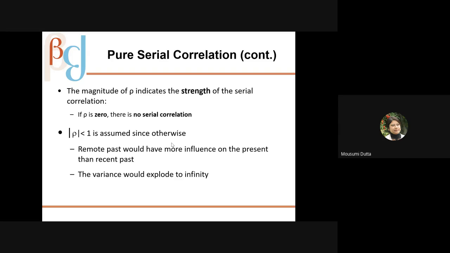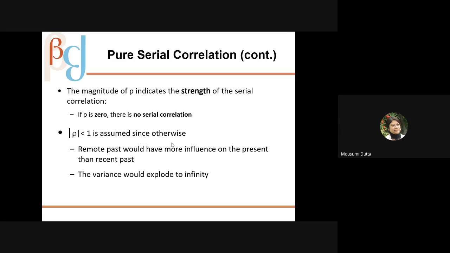You will find that when we increase the order, you are getting the values rho, rho square, rho cube, etc. That is, t minus 1 will be associated with rho, t minus 2 with rho square, t minus 3 with rho cube, etc. So if mod rho is greater than 1, that means later orders are putting more influence on the present value. On the left hand side, you have the present value. So this is not desirable.